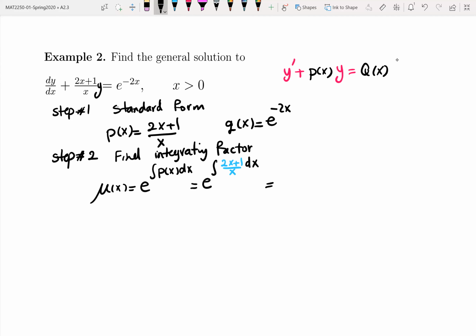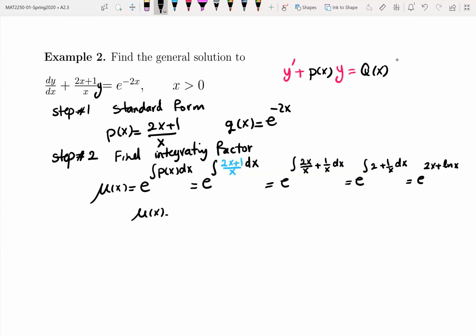If I separate it, it's just the integral of 2x divided by x plus 1 divided by x dx, which is the integral of 2 plus 1 over x dx. This is going to be 2x plus natural log of x.